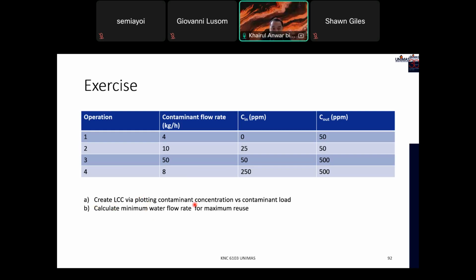As you see, we are plotting contaminant versus contaminant interval. Minimum water flow rate from maximum.